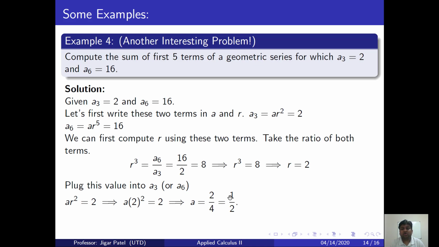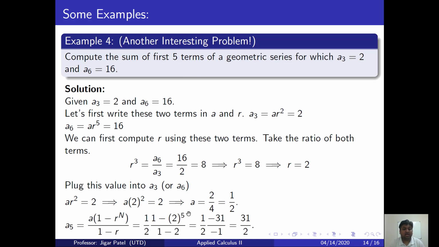I know a and r now, so I can calculate the sum of the first 5 terms. All you have to do is use the formula a times 1 minus r to the n over 1 minus r. We know the first term, we know the common ratio, we know how many terms we are going to add.